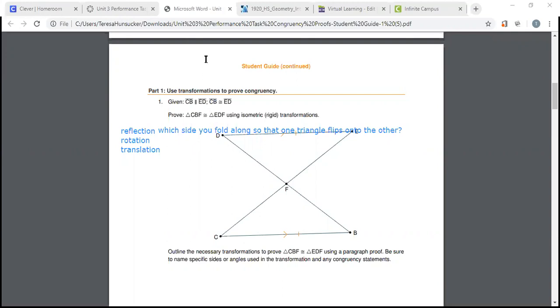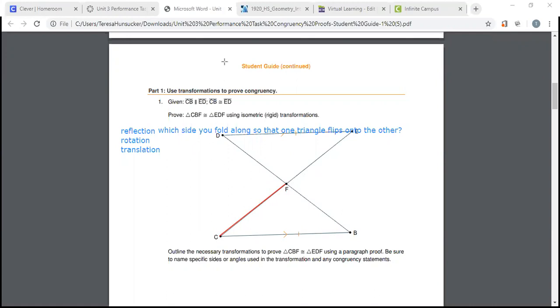So what I mean by that, without getting too detailed, is let's say we want to have triangle CBF flip onto EDF. Can we fold along segment CF so that the triangles flip onto each other or map onto each other? No. If you fold along segment CF, where is triangle CBF going to end up?